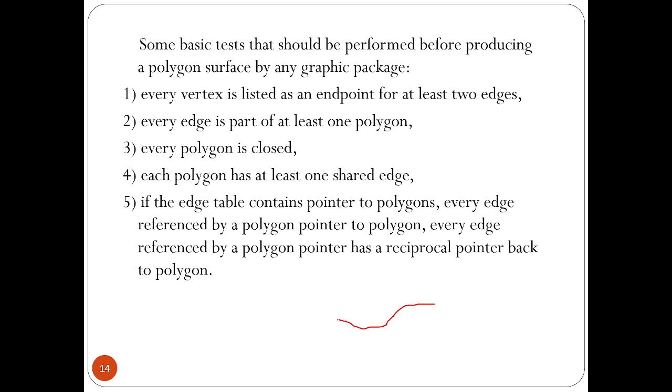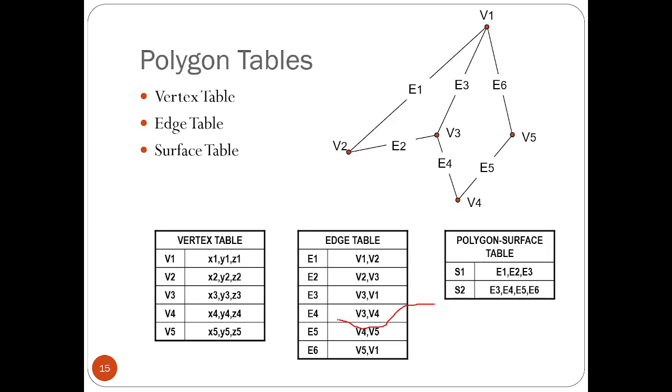If the edge table contains pointers to polygons, every edge referenced by a polygon pointer has a reciprocal pointer back to the polygon. So in the polygon surface table, you can take edgewise S1 equal to E1, E2, E3, S2 equal to E3, E4, E5, E6.